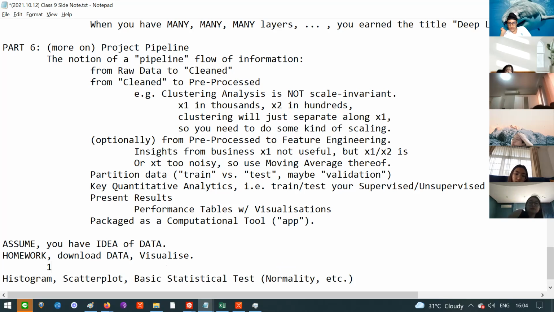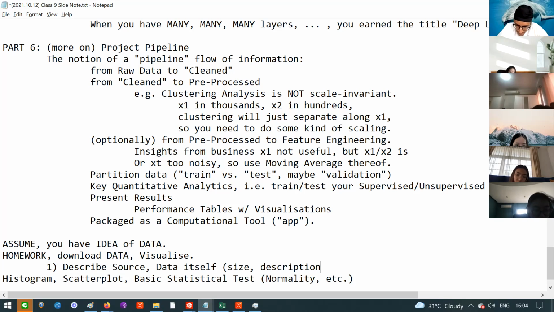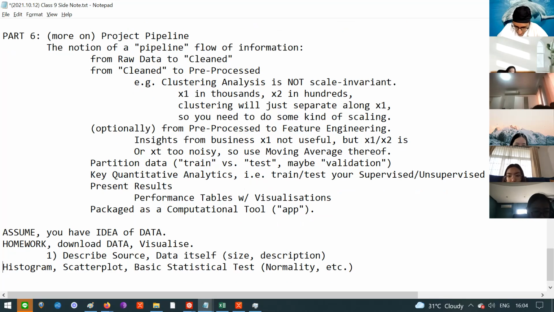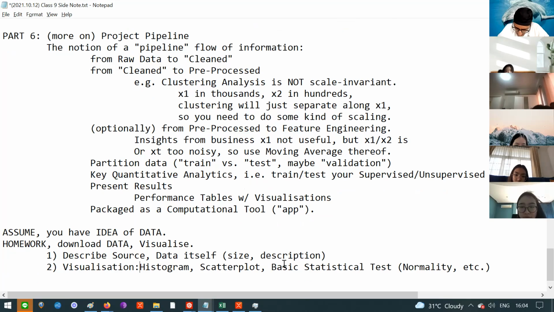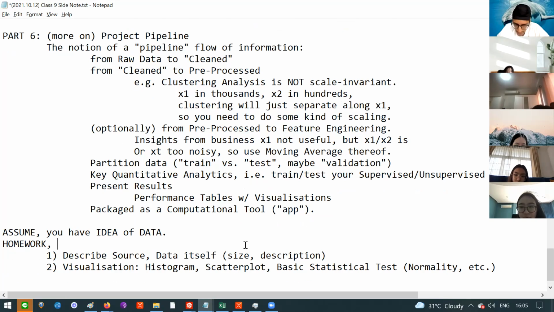So the homework would have 3 sections. 1, describe the source and the data itself: size, some kind of metadata, like a description. 2, visualization. 3, what you think you can do.